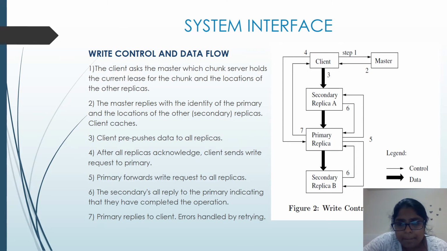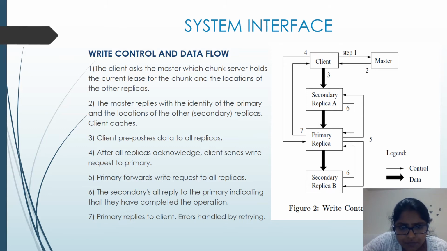By seeing the request, the primary comes to know that the client has already sent the data to the replicas, and it starts to assign serial numbers to the data mutations from different clients, which provides serialization.